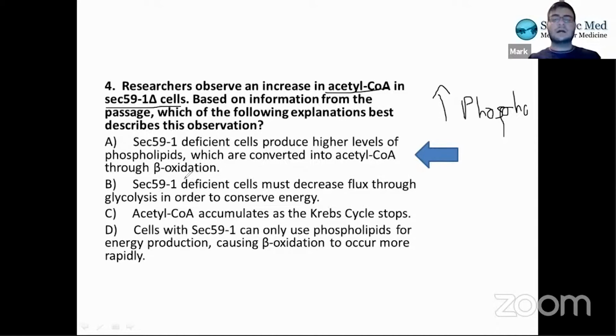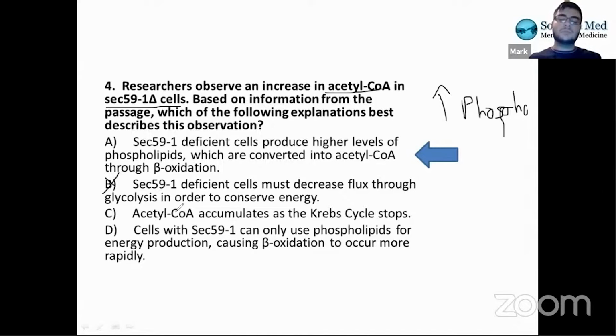But they're really not connected, and actually having a lot of phospholipids, you would not need to conserve energy. You would actually want to get rid of energy because you have too much of it. So this one doesn't really make sense.